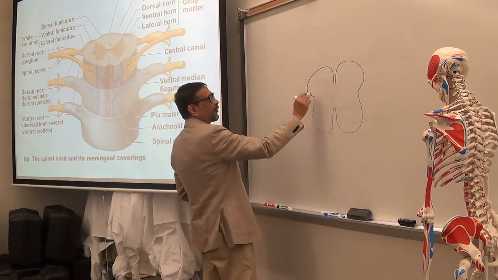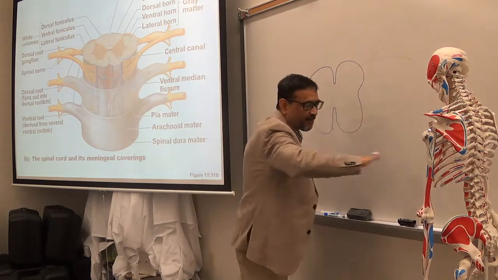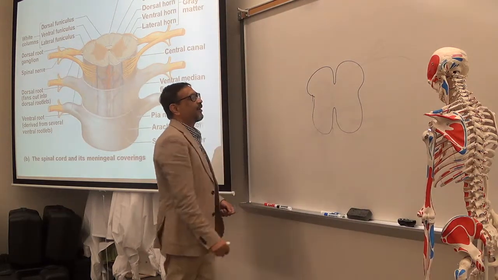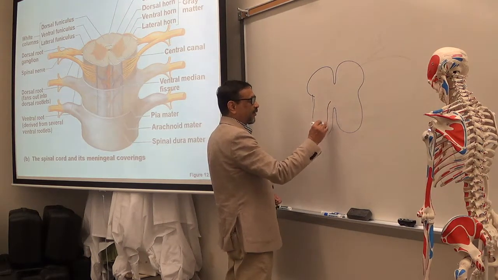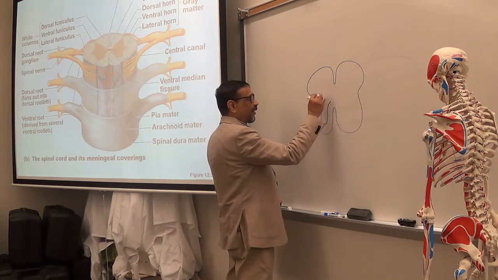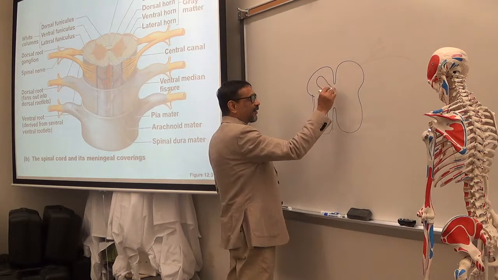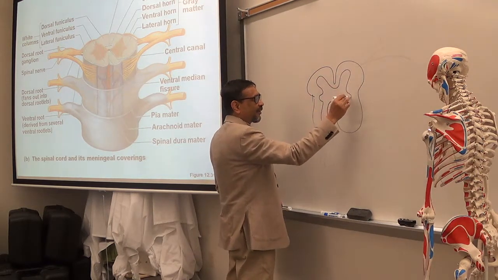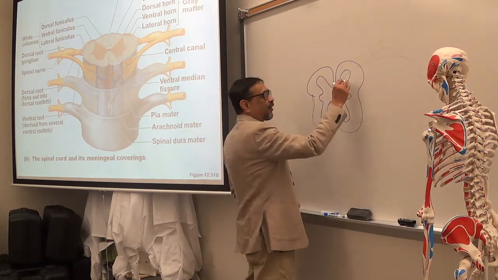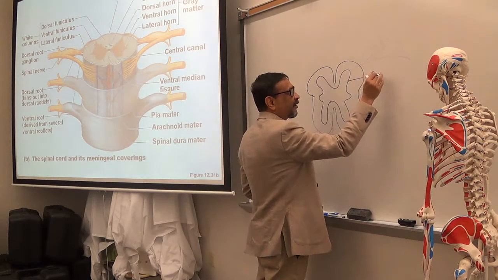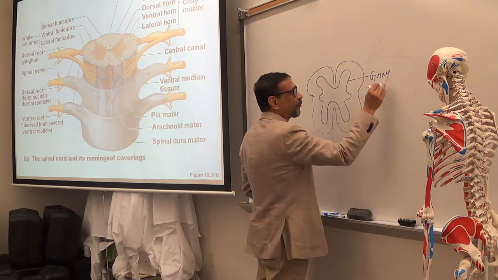Okay, so this is a slice of the spinal cord. Now, the inner part of the spinal cord has a butterfly-shaped structure. This part is called gray matter.